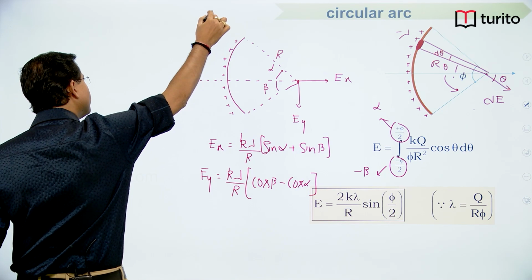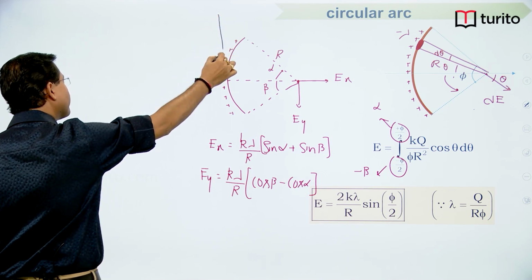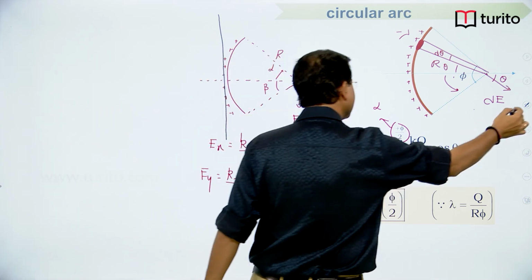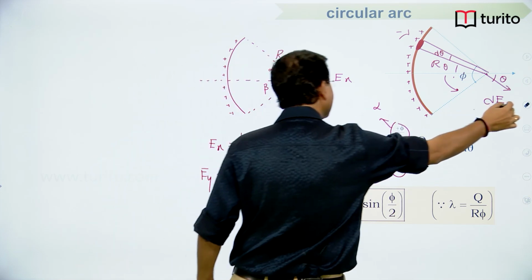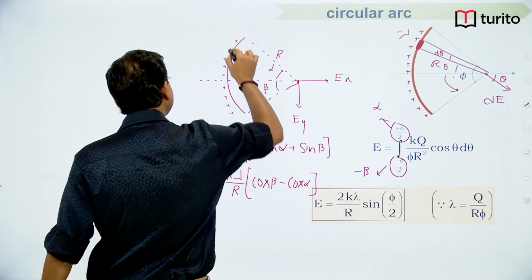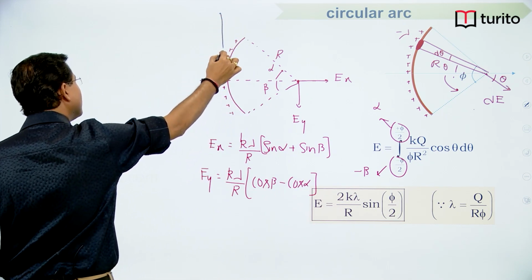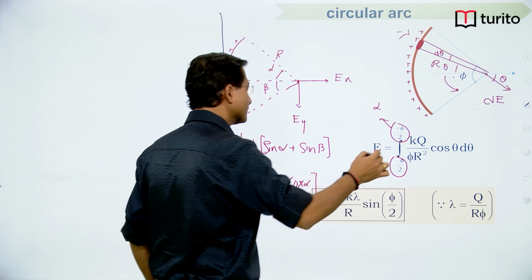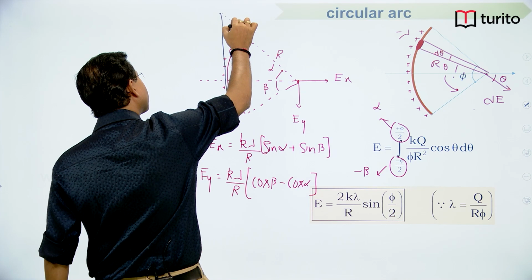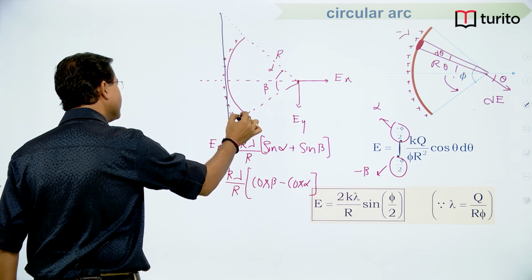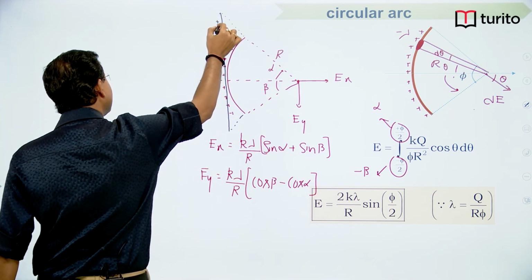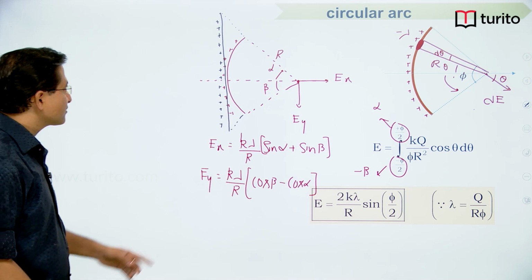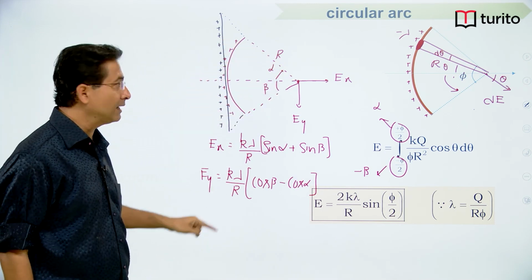If I place a rod, visualize a rod here, so I have got a positively charged wire or rod which is subtending angle alpha and beta at this particular point, the result is the same.